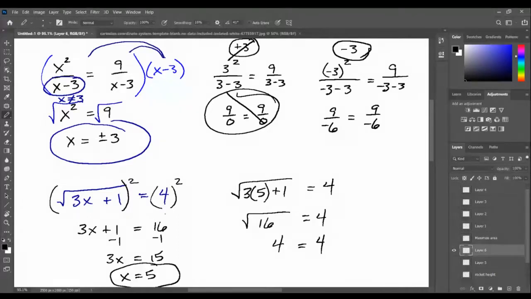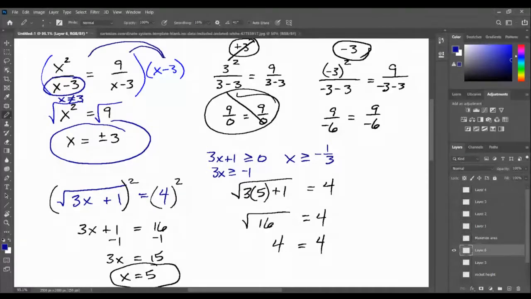Again, we've got some domain restrictions. We can't have a radicand under a square root that is negative. So we could have said, well, my domain restriction is 3x plus 1 has to be greater than or equal to 0. Subtract 1, we get 3x is greater than or equal to negative 1. Divide by 3, x has to be greater than or equal to negative 1/3.